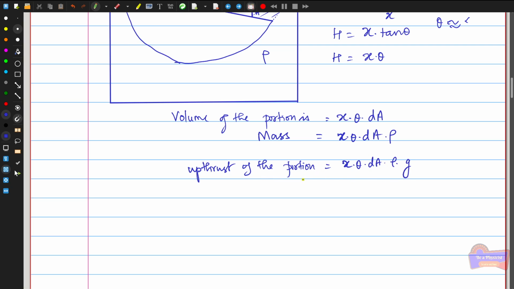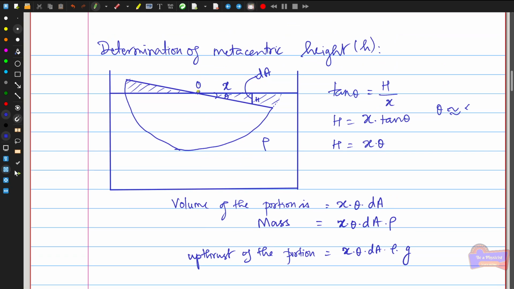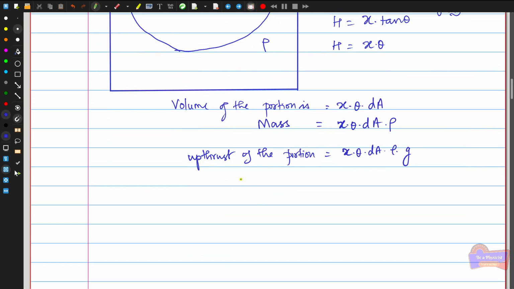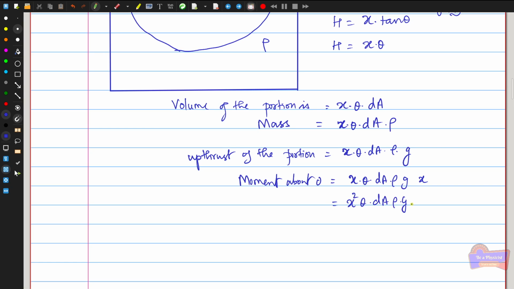That is the upthrust of the portion, so I can easily find the moment with respect to this point O. The moment about the origin O can be written as x theta dA rho g multiplied by the distance x, so I can write it as x squared theta dA rho g.